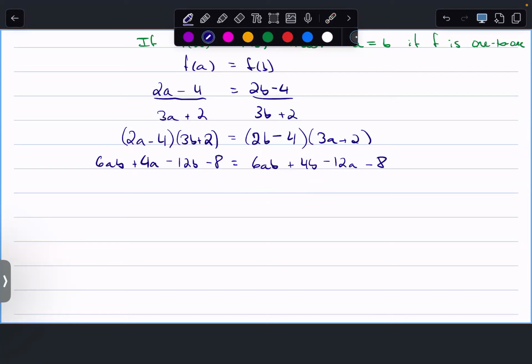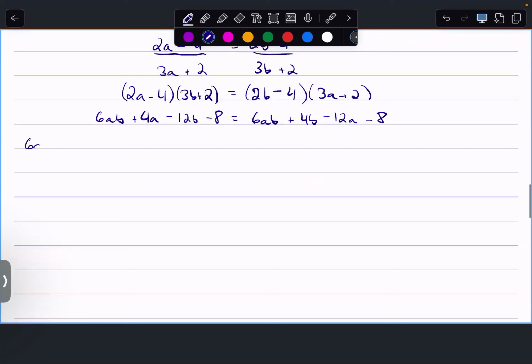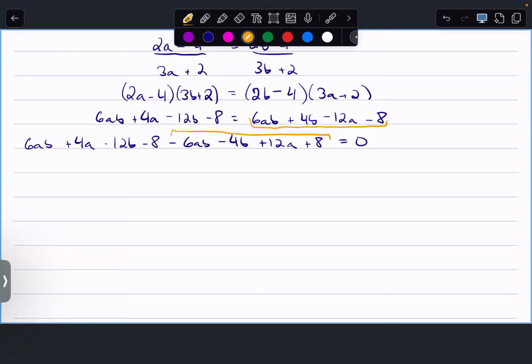So I'm going to rewrite 6ab plus 4a minus 12b minus 8, and then start with minus 6ab minus 4b plus 12a plus 8 is equal to 0. These starting here have just been moved over.